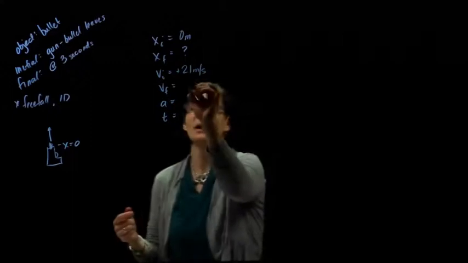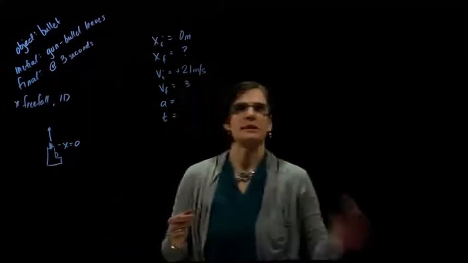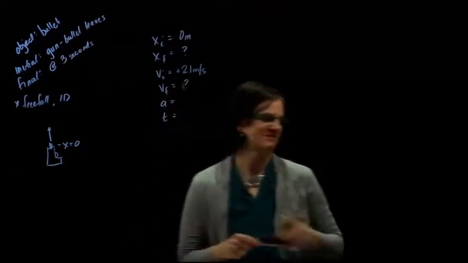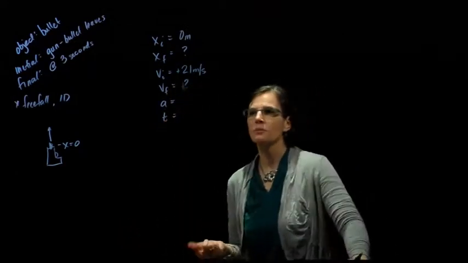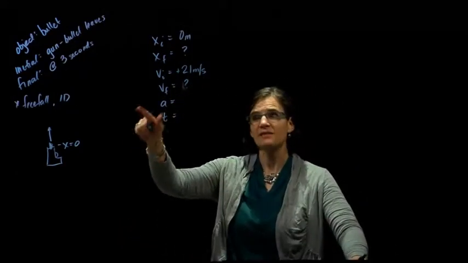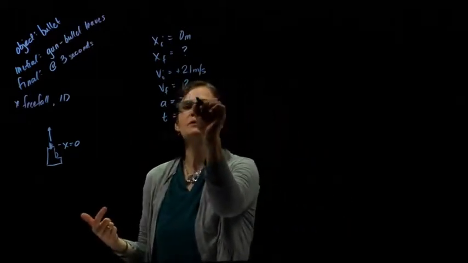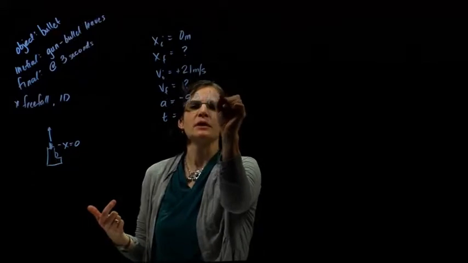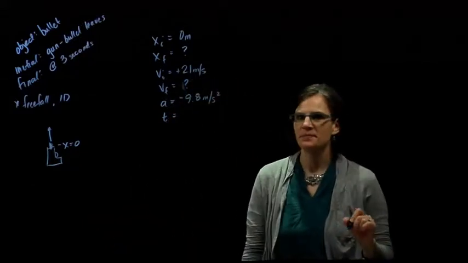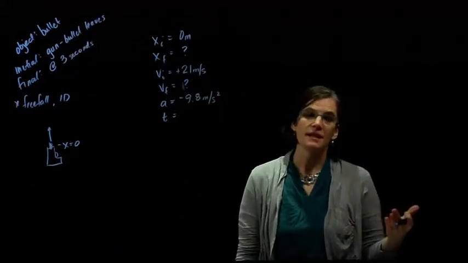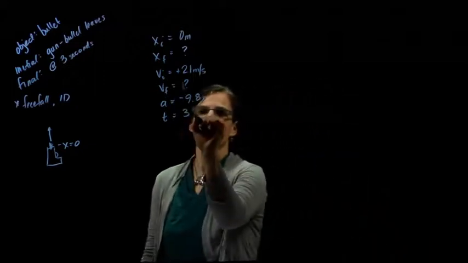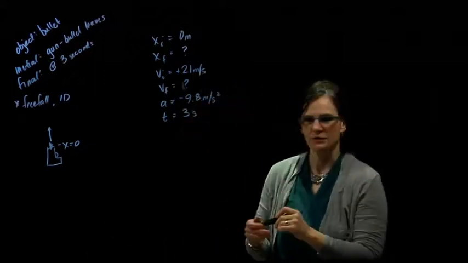I don't really know, that's a question mark. And acceleration, it's not given in the problem, but we've identified this as a case of free fall. And so if I'm only under the influence of gravity, my acceleration is 9.8. Our time, well, we're interested in the time after 3 seconds, so that is defined for us in the problem as 3 seconds.